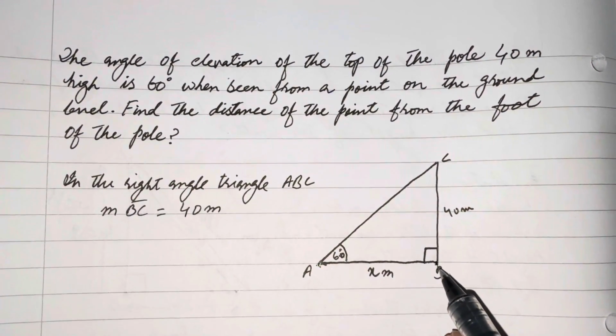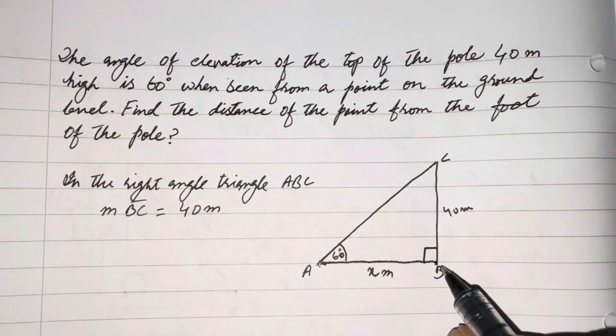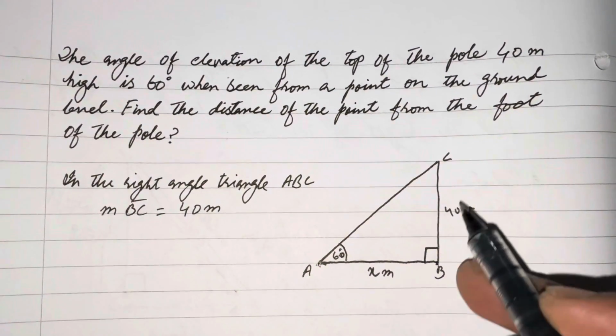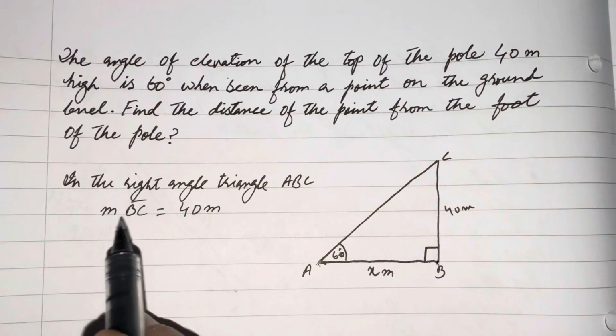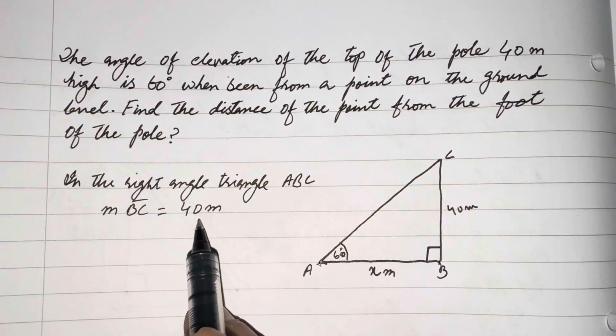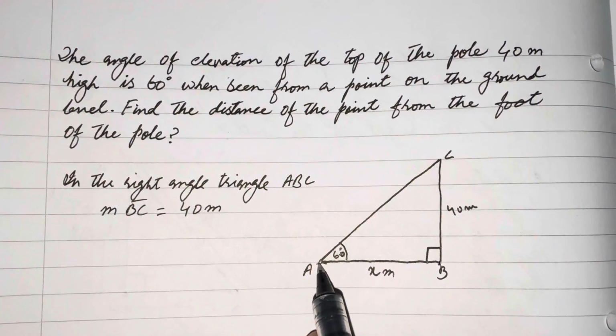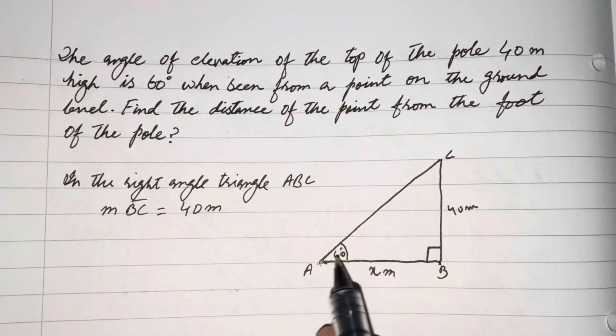After drawing the figure, we have found that BC, the height of the pole, is equals to 40 meters, and measure of angle A is equals to 60 degrees.